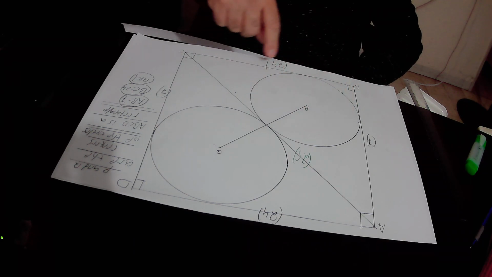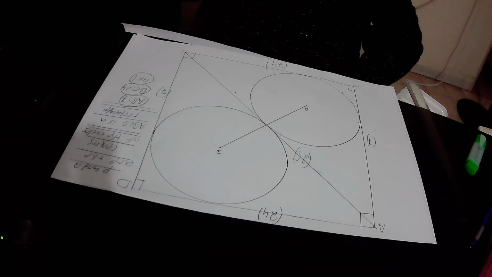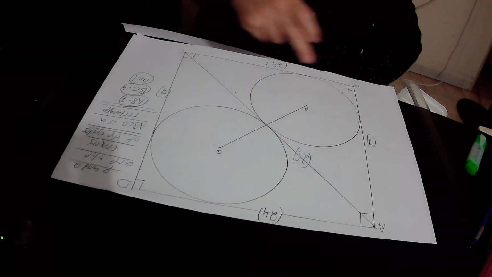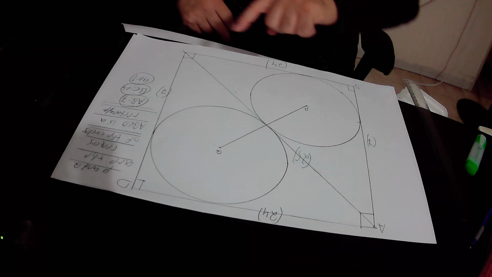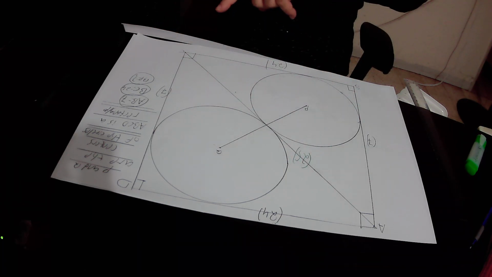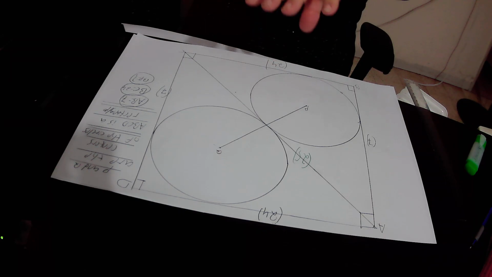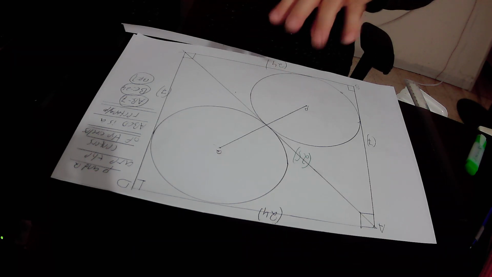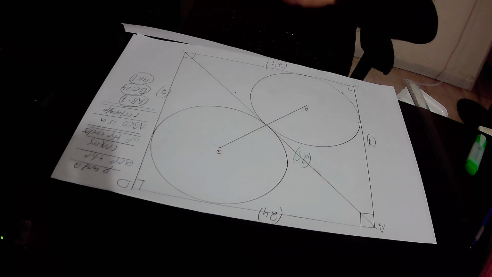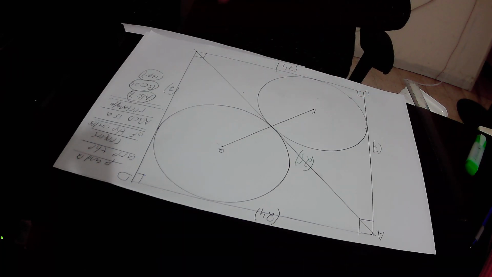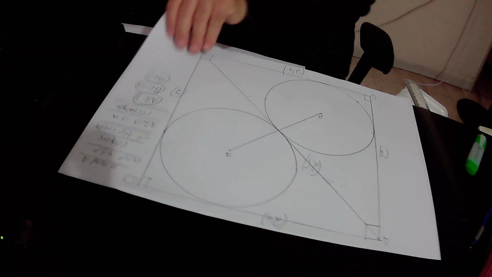This circle is blocked by the right triangle ABC, while this circle is blocked by the right triangle CDA. So both those two circles are blocked by right triangles. In the next step, we'll develop a new formula that will help us find the radius of any circle that is blocked by a right triangle.